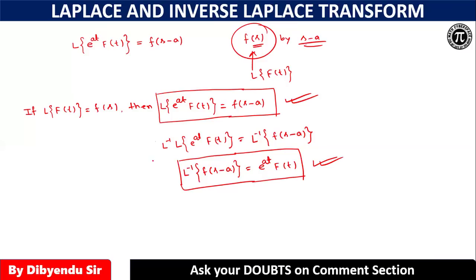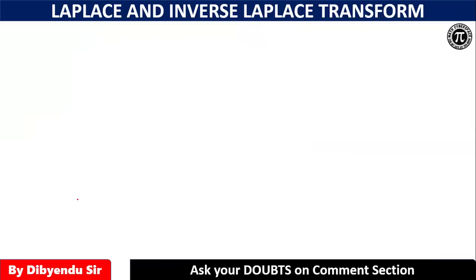Similarly, if in any function f of s you can see that s is replaced by s minus a, in that case you can use the first shifting property for inverse Laplace transform. Let's understand using an example.